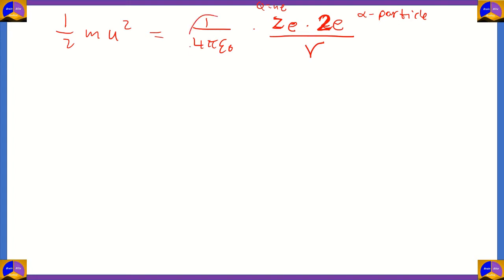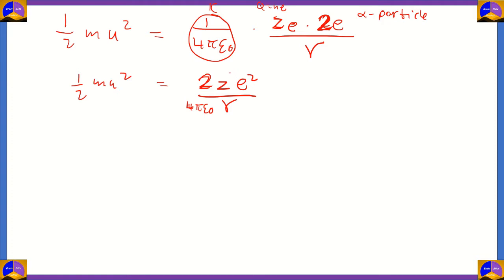Now 1 by 4 pi epsilon naught is the constant, which is k, so we'll substitute that as k later. Now what we are going to do is the right hand side will just multiply e together, so the right hand side becomes 2Ze squared divided by 4 pi epsilon naught r. And the left hand side stays the same, half m u squared.